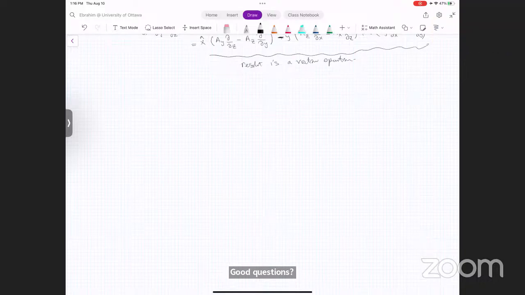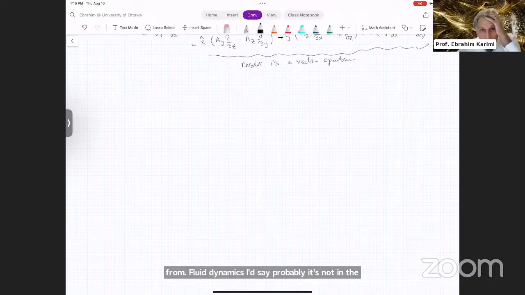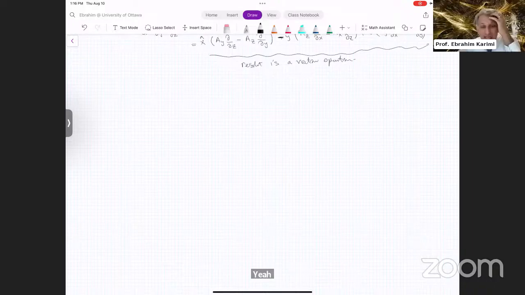Someone is asking about the example you brought up from fluid dynamics. I'd say probably it's not in the scope of what we're discussing right now. d rho dt is, yeah, not equal to k, it is equal to 0.